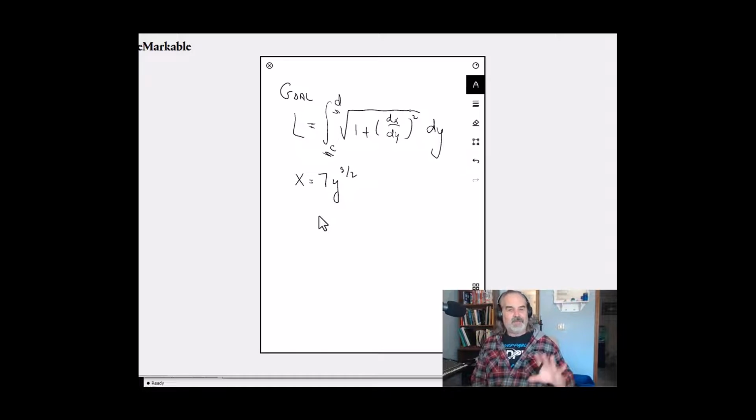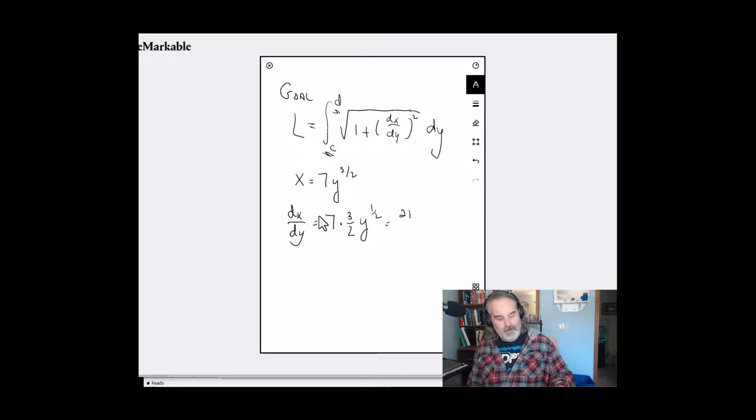And again, I'm not going to build the integral and then fill in the details. I'm going to build the details and then construct the integral. So I just want to see dx dy. Well, that's not bad. That's 7 times 3 halves y to the 1 half, or 21 halves y to the 1 half.